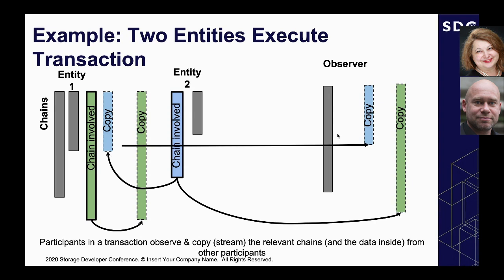Each new update in a shared chain is immediately propagated to all its copies. We also have an observer who sees both blue and green chains. For example, it could be a regulator. That way, we can handle very complex transactions with multiple participants and with minimum resources.